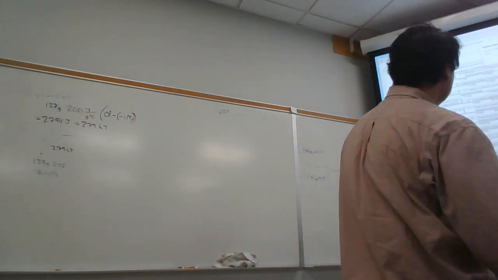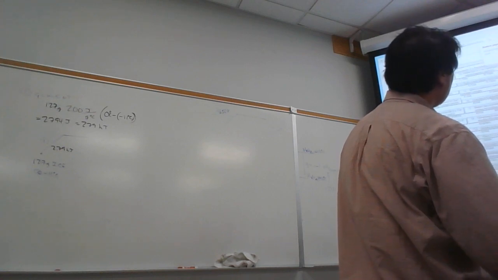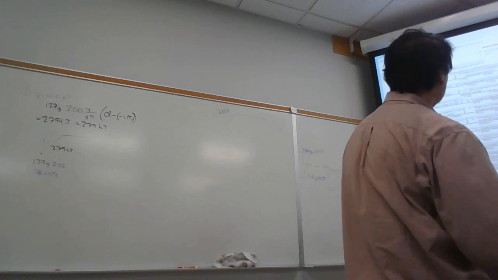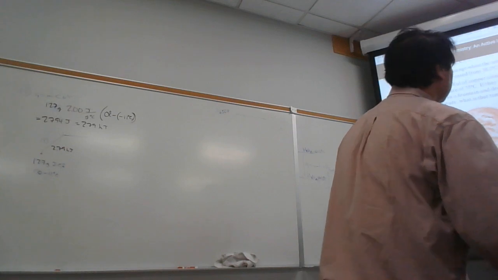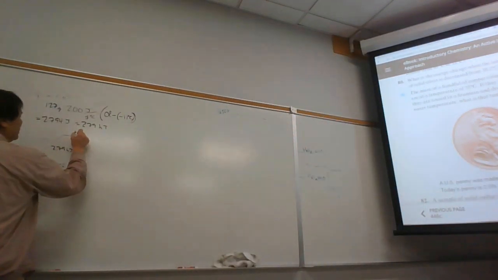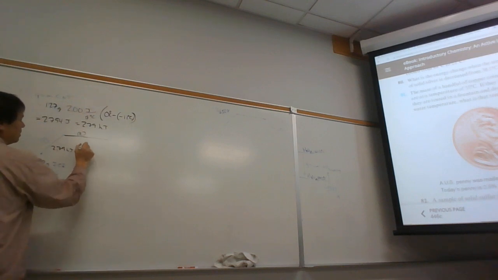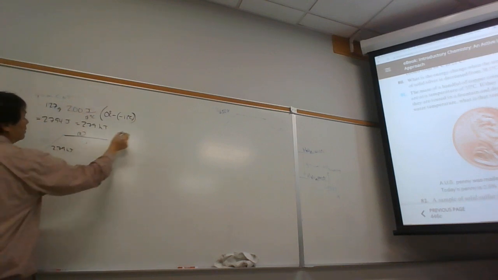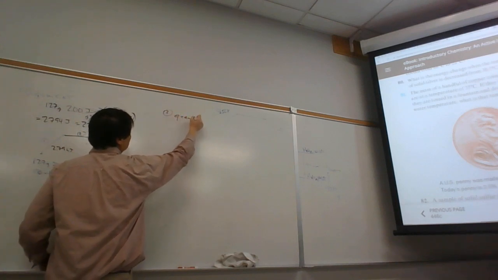So how much energy is that going to cost? All right, so once we hit 0 degrees C, then all the heat goes into melting the ice. And so for step 2 here, Q is equal to the amount times delta H of fusion.